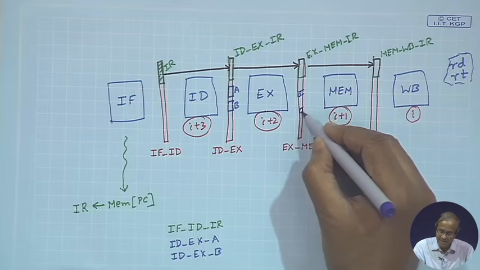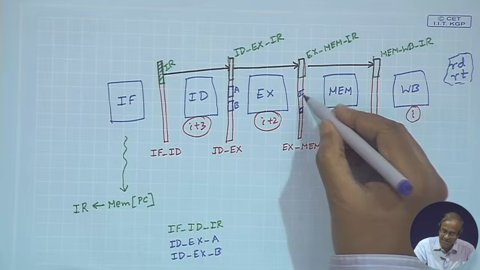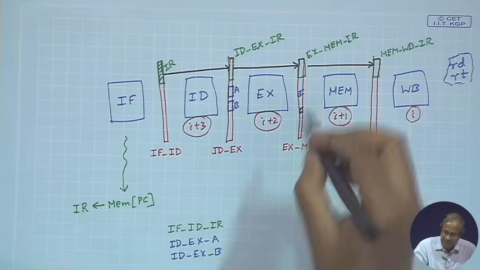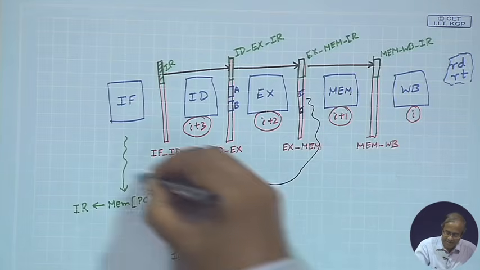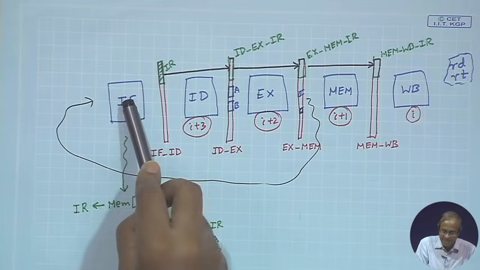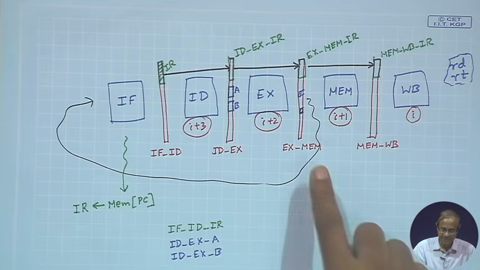So, if you decide that there is a branch, the next instruction has to be fetched from that address. There has to be some kind of feedback from this back to here. Next instruction fetch will depend on the outcome of the branch conditions, right.